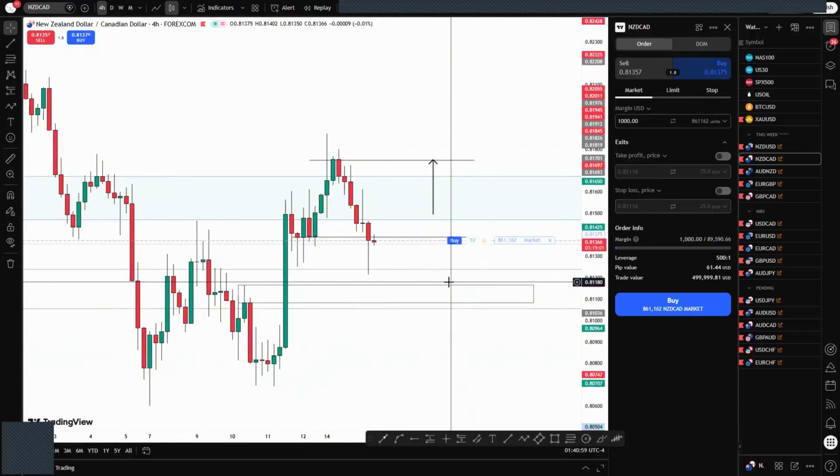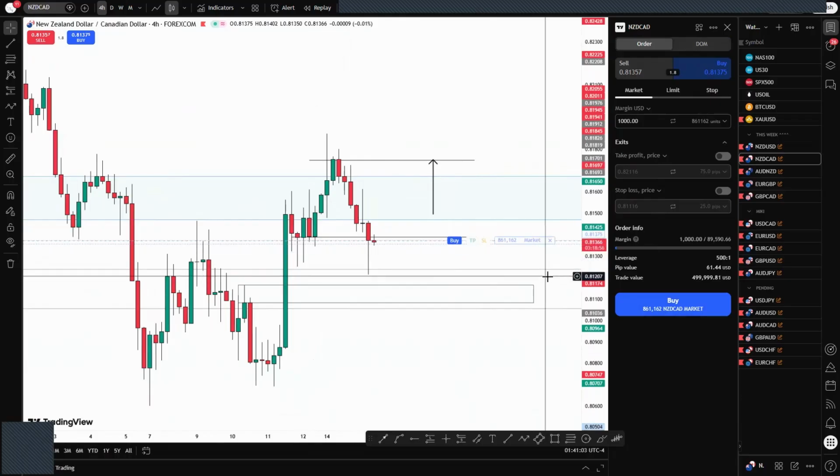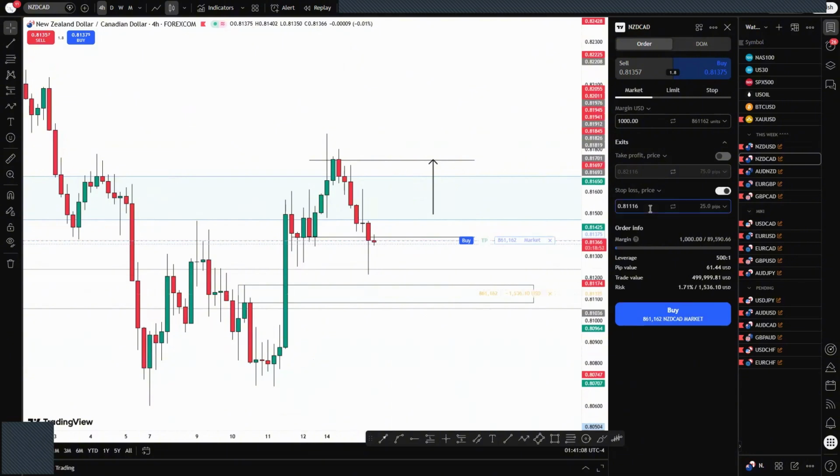Let's say we want to buy here, right? And our stop is 0.81207, you see?